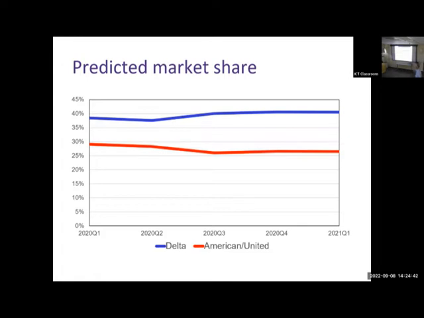Okay? What we're observing going on here is that American and United seem to be starting to lose market share during the pandemic. Partly what's going on here is, if you remember, business travel really got hit during the pandemic, but leisure travel, particularly on Florida and Colorado routes, recovered much quicker, or didn't drop as much, right? And to be honest, those were the markets where the Spirits of this world cater to that sort of crowd, right?